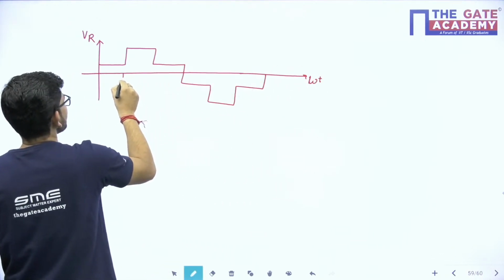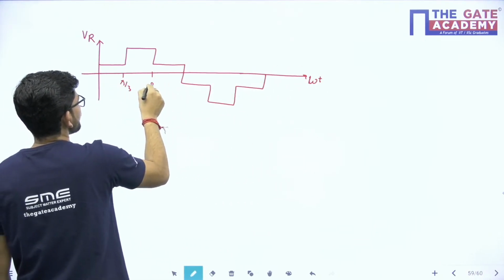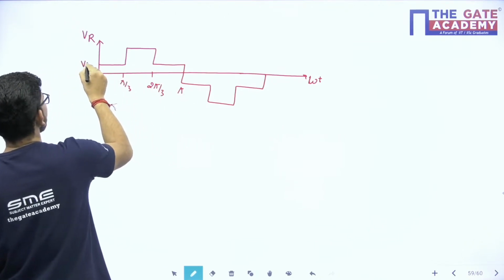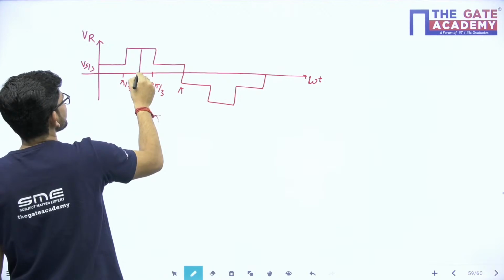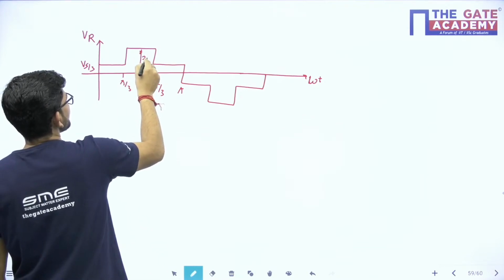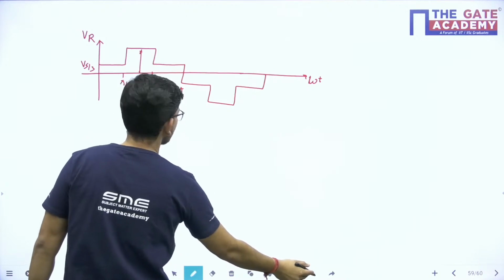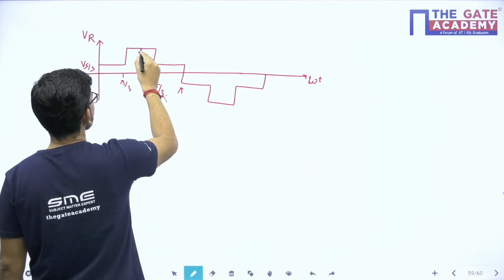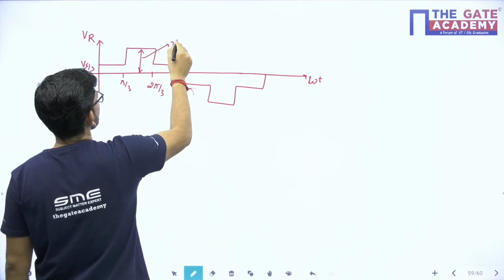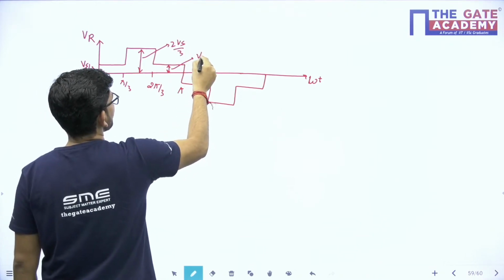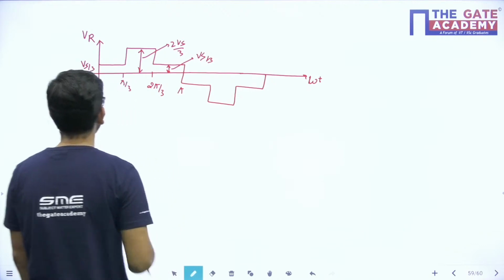This is pi by 3, this is 2 pi by 3 and this is pi. This is Vs by 3 and this is 2 Vs by 3 that I have here, and this is again Vs by 3. So this is the phase voltage waveform.